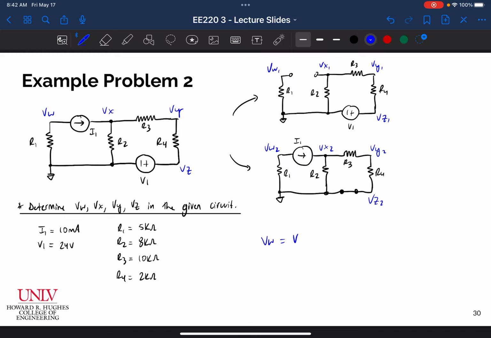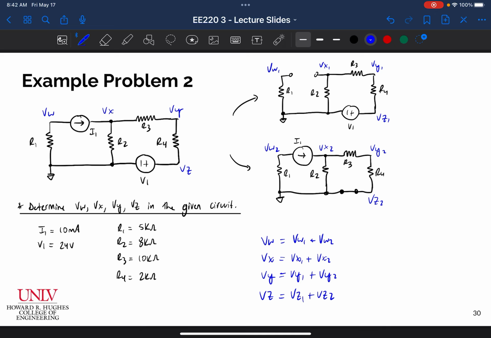So let's just write that out. Of course, we should know this by now, but that's what examples are for. All right. So this is how we're going to go about solving the problem using superposition.